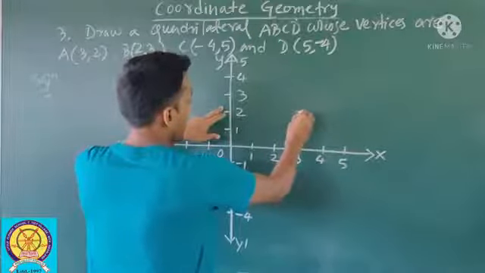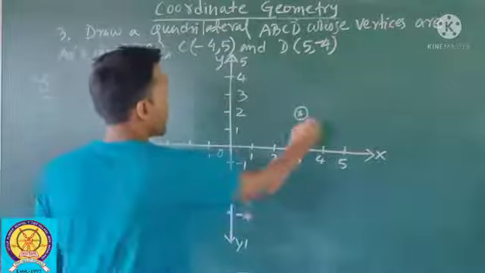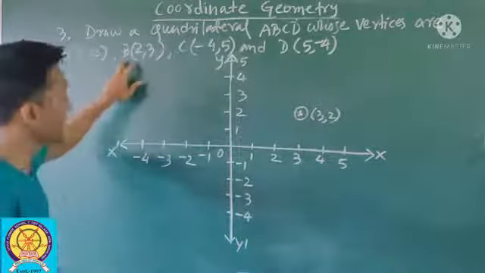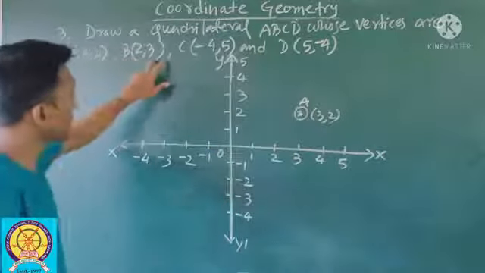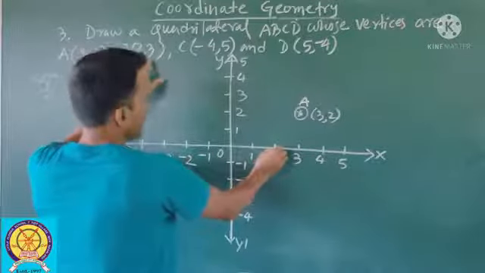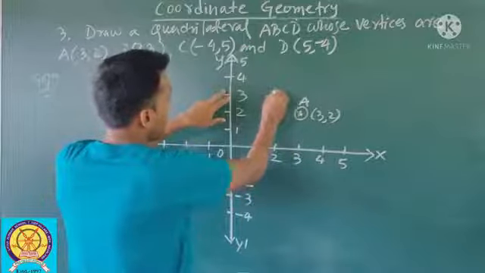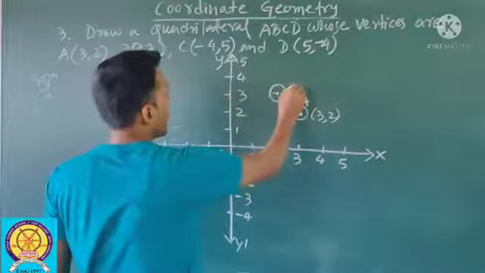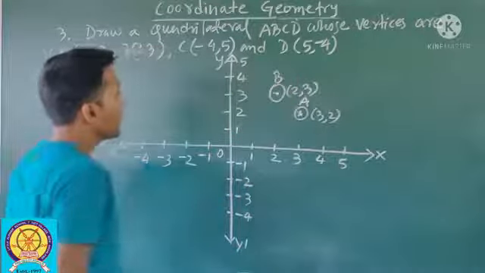So the point will be here, (3, 2). You write here (3, 2). This one is A. Then B (2, 3): x is 2, y is 3. So the point will be here, (2, 3). This is point B.